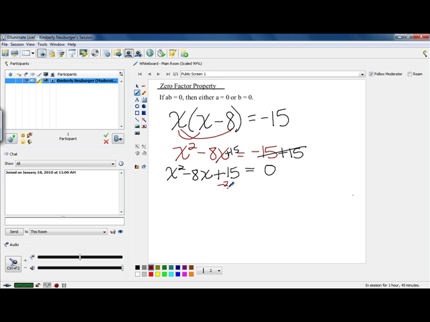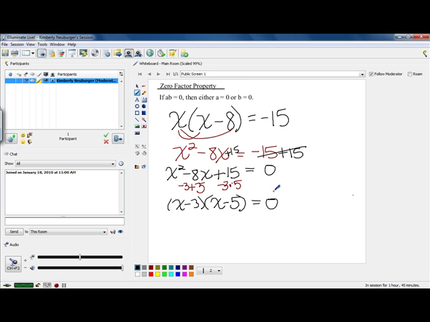And I notice that negative 3 times negative 5 makes positive 15 and negative 3 plus negative 5 makes our negative 8. So that means that this left-hand side factors into x minus 3 times x minus 5.